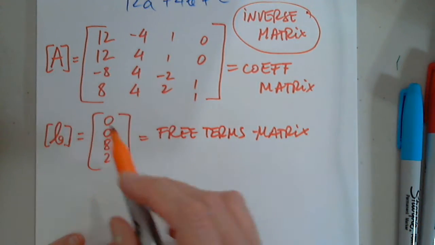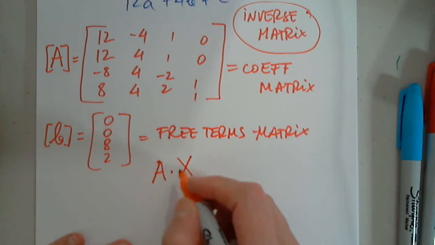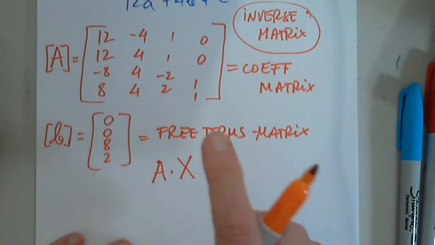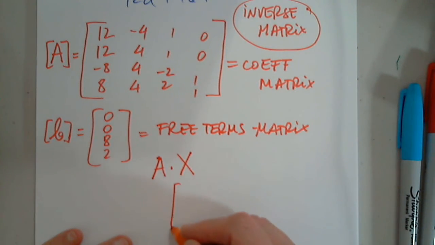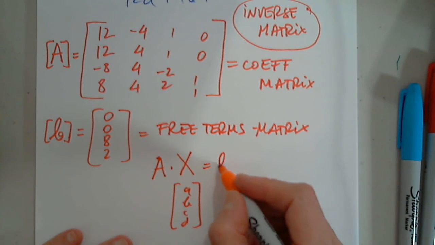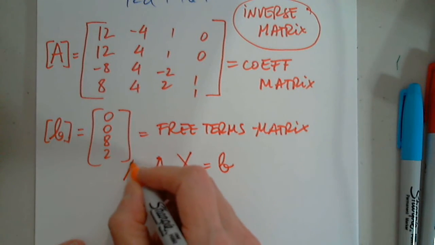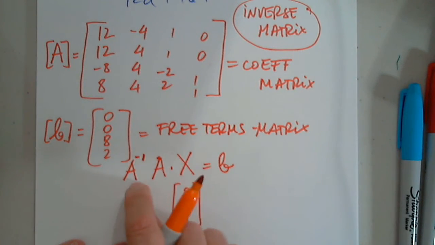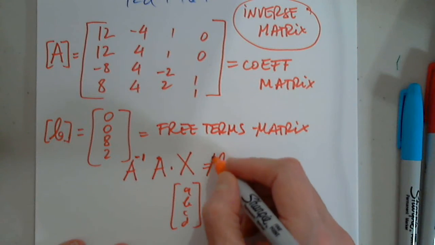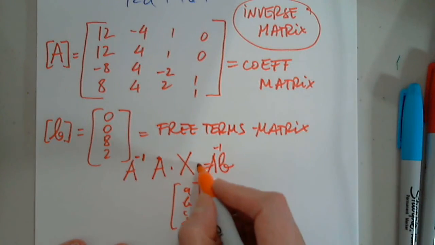So what we have here is basically matrix A multiplied by the matrix of variables A, B, C, D. This is a column matrix, A, B, C, D, equals lowercase b, which is this. When we multiply on the left by A inverse on both sides, with matrices, multiplying from the left or on the right makes a big difference.